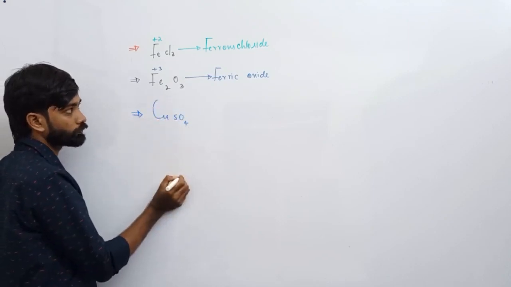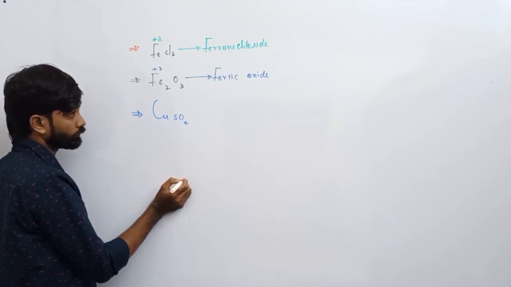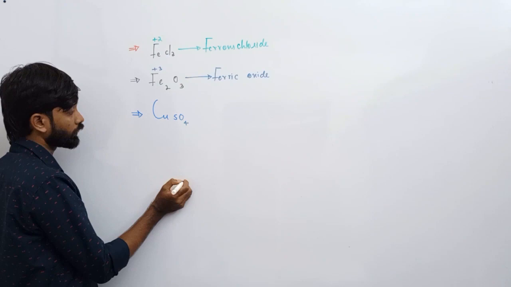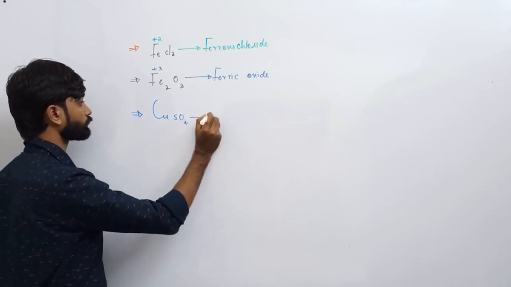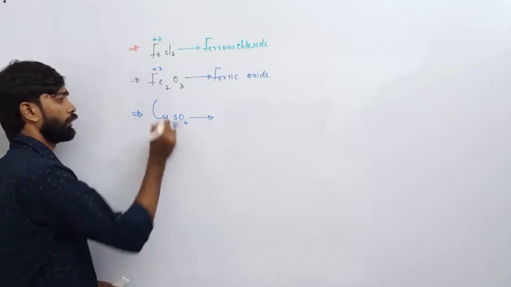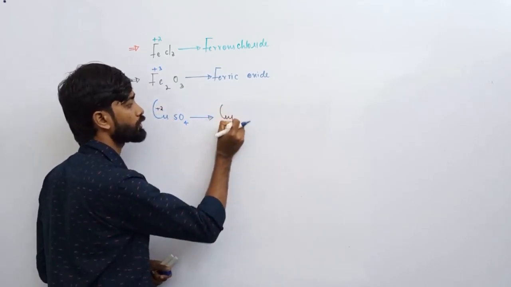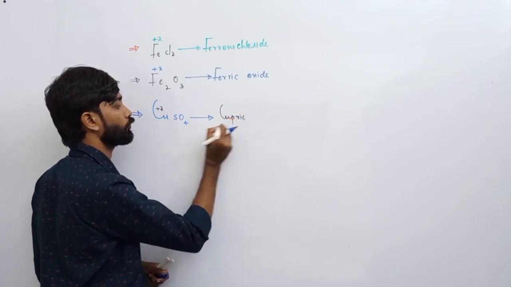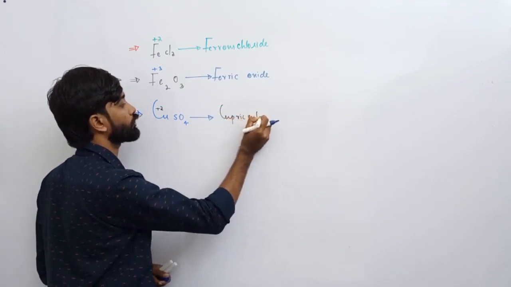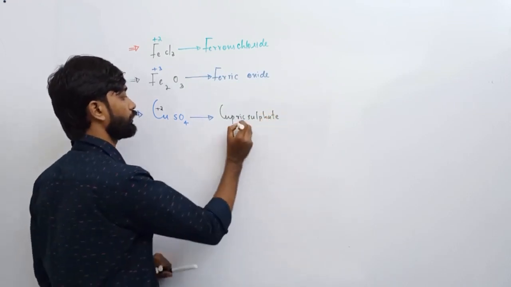Okay, CuSO4. Ready? CuSO4. And now you know the copper is in the +2 oxidation state, right? So it is cupric and SO4, so it is cupric sulfate.